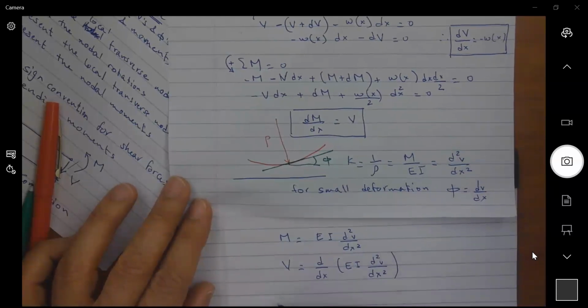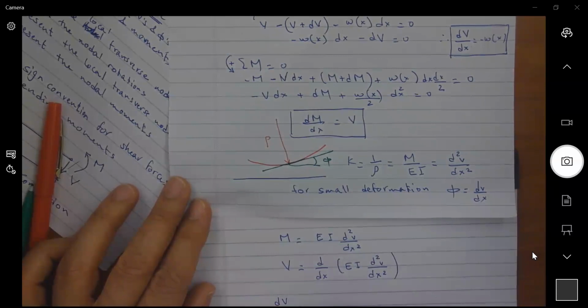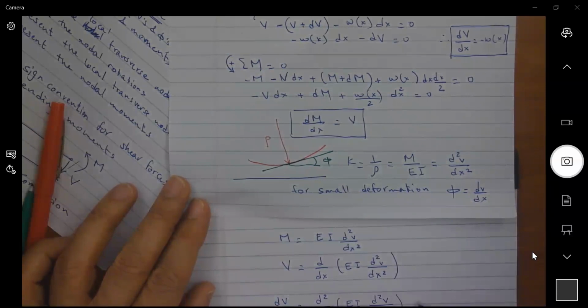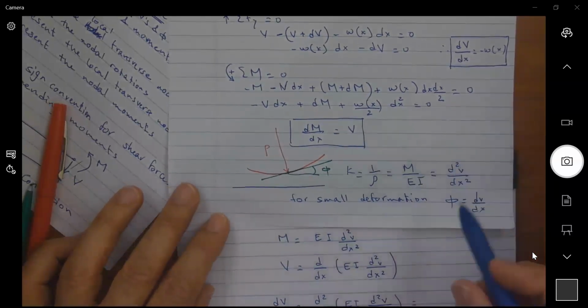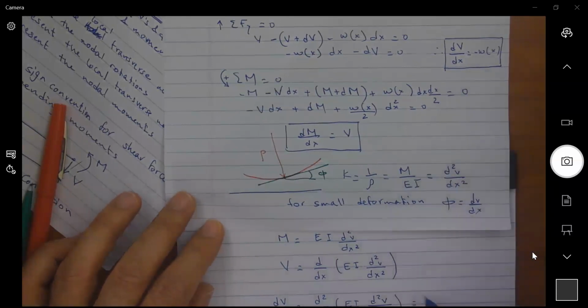So if I take dV by dx, that would be d squared by dx squared of EI d2v by dx squared, equal to minus W of x.